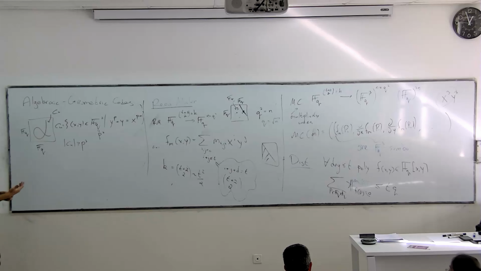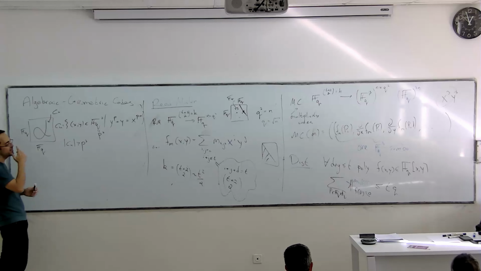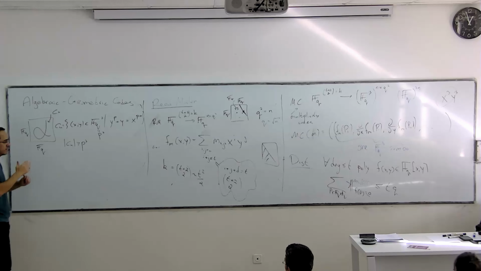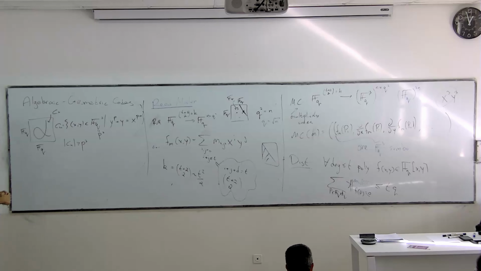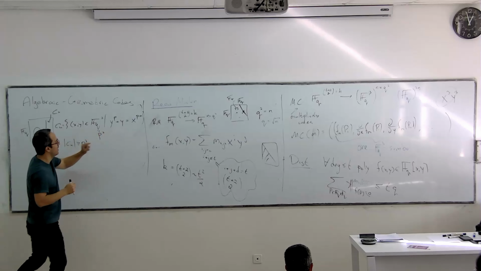But it turns out that you can actually find a vector space of bivariate polynomials. The name for it is a Riemann-Roch space. Anyhow, it turns out that this actually is not the greatest suggestion.